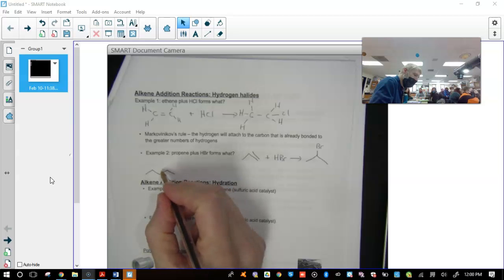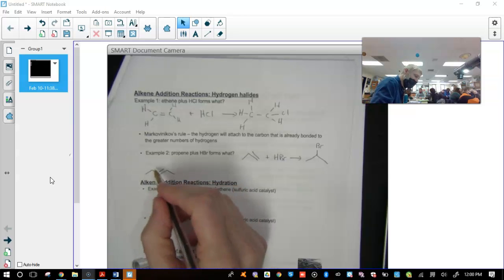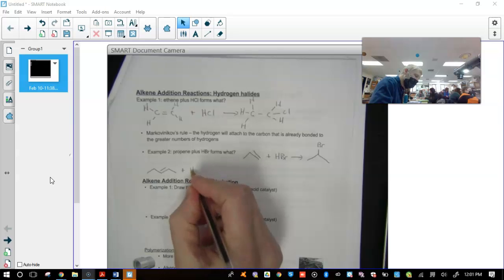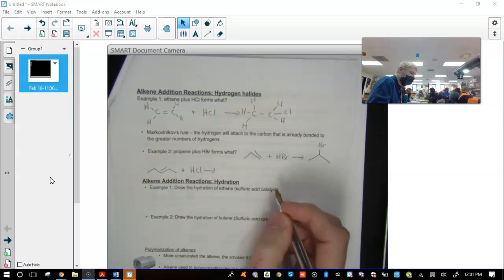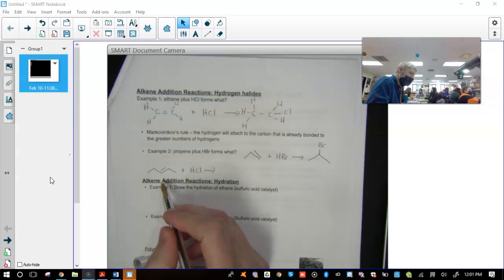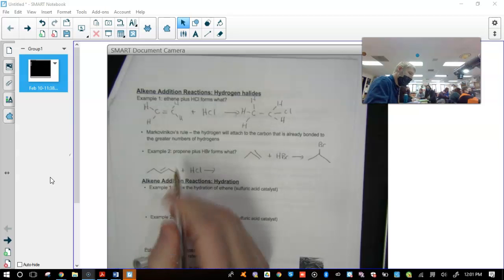Let's see. Why don't we do 2-pentene. Okay, this one's a little bit trickier. Let's do HCl. That's a hydrogen halide. And we want to add the hydrogen to the one that has more hydrogens already.